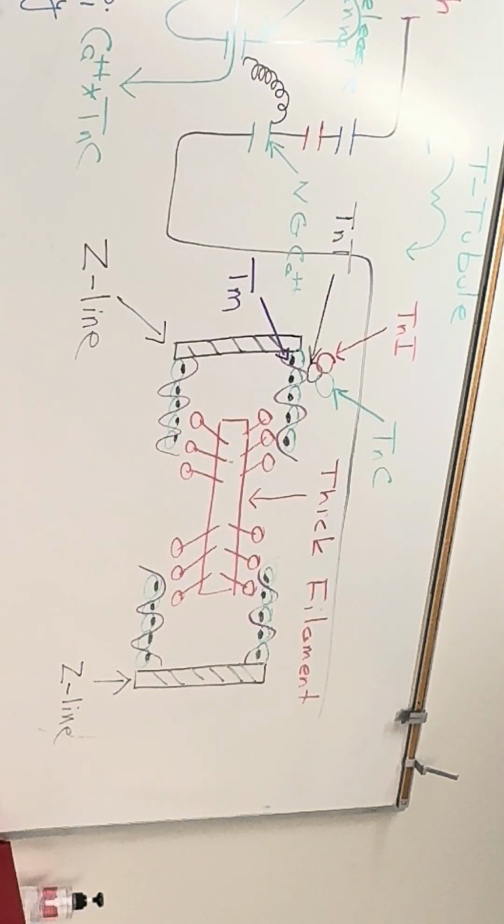The myosin binding site. What binds to the myosin binding site? The globular head of the myosin molecule. So here we're going to put binds to the myosin binding site of actin.